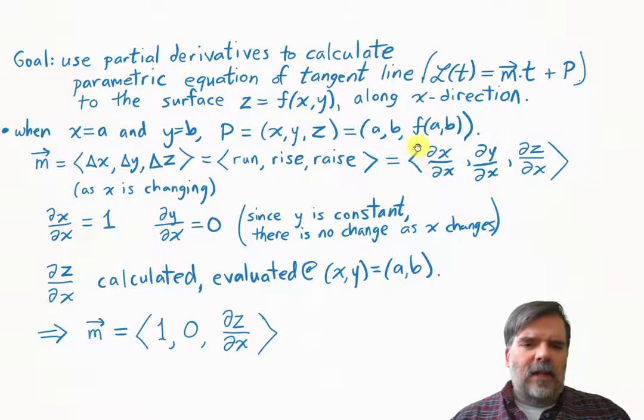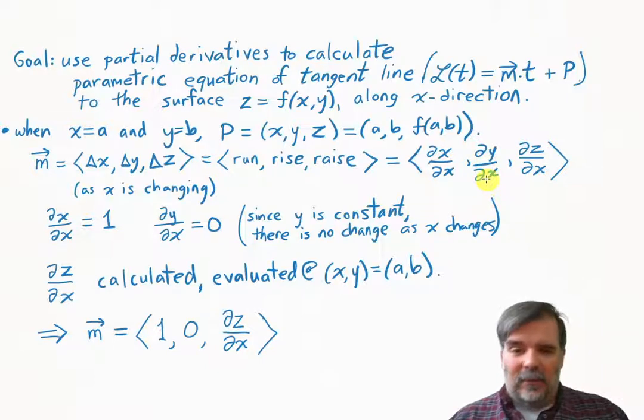Now, how quickly is x changing with respect to x? Well, this ratio is going to be 1. The second fraction, dy dx, well, if x is the variable, x is changing, and y is being held constant, that means there is no change in y. There is 0 change in y as x changes. So this second component, this partial derivative, is equal to 0.